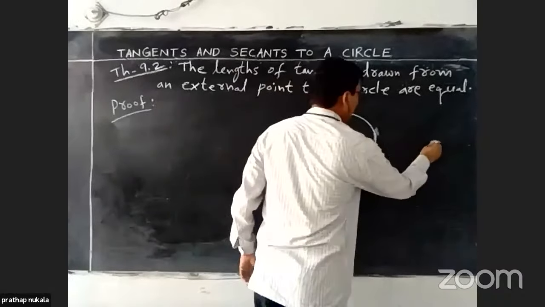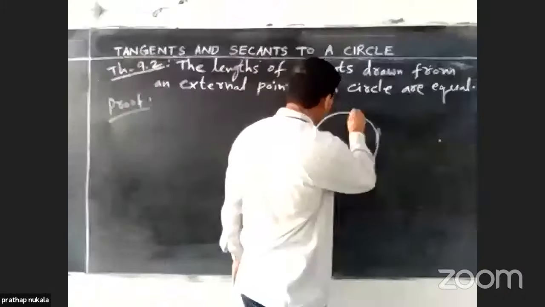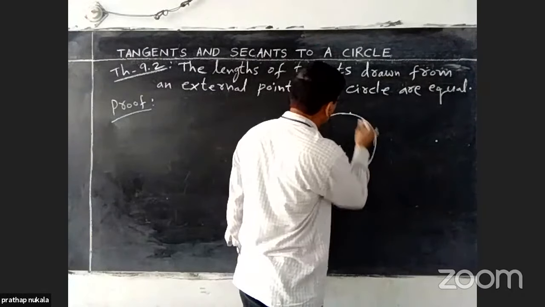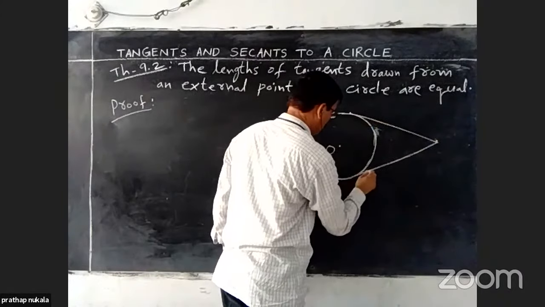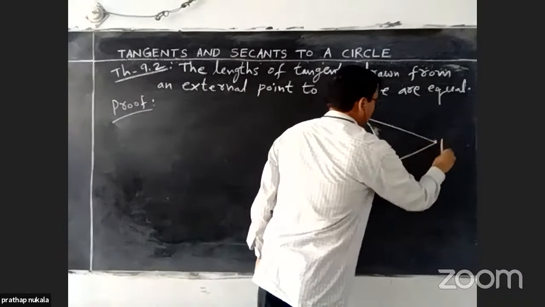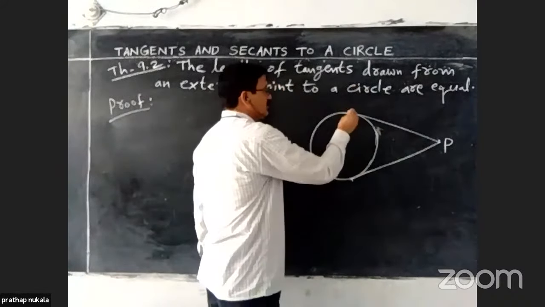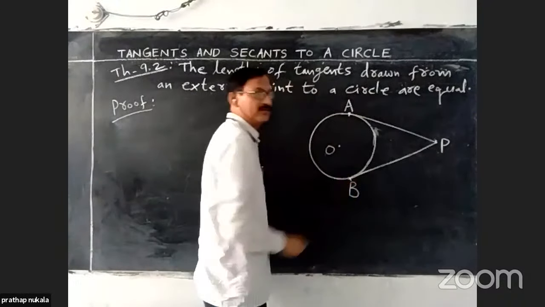Locate any point outside the circle. Then draw two tangents. Locate the outside point as P, and the points of contact as A and B.